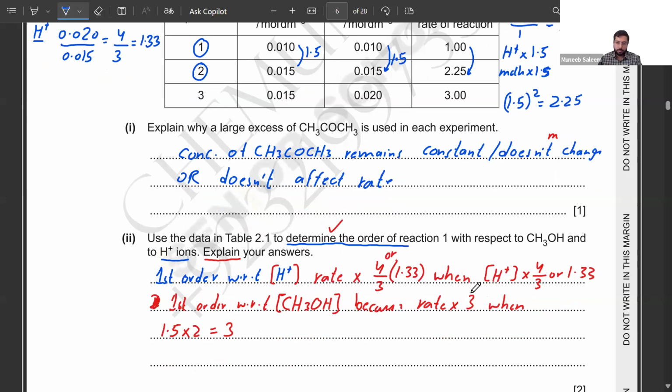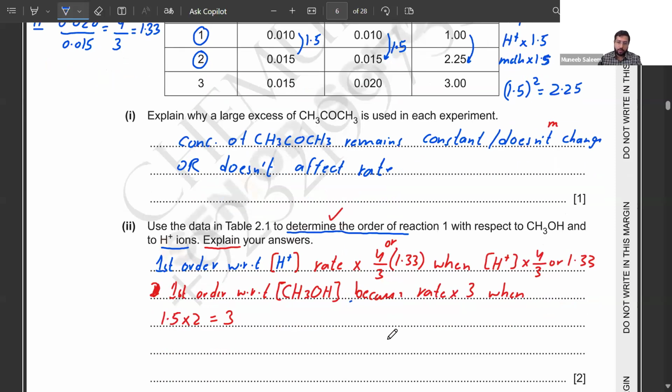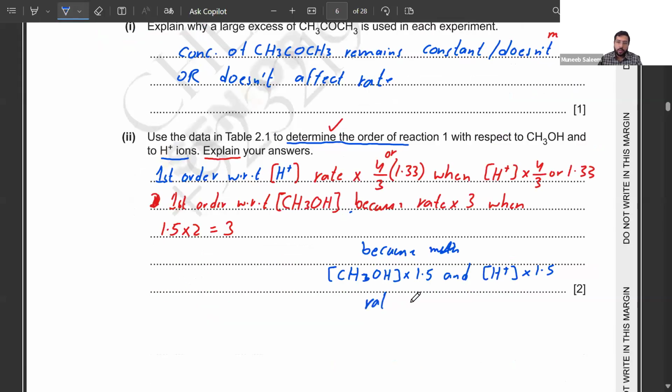Instead of writing this statement, you can also write that CH3OH was changed by a factor of 1.5, and hydrogen ion was also changed by a factor of 1.5, and the rate was changed by 1.5 squared.